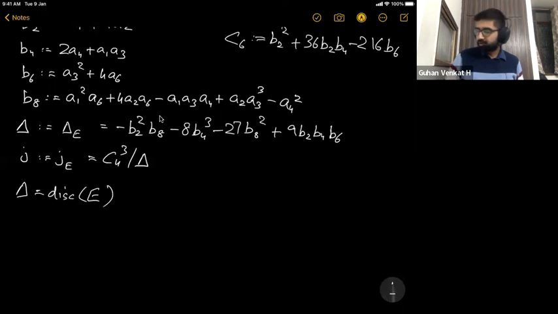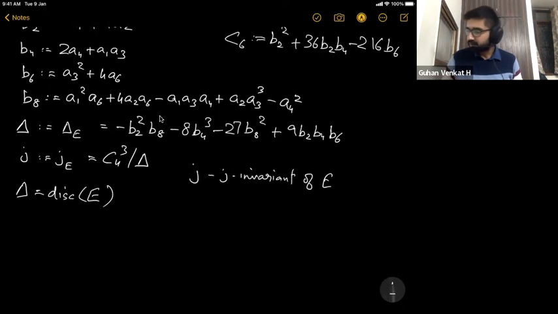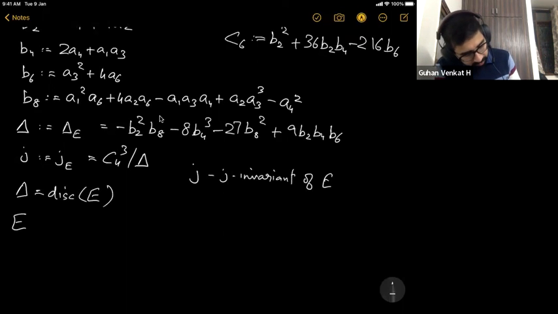So it's called the discriminant of this curve E, and j is called the j invariant of E. I'll briefly explain what the invariance associated to this quantity is. An important thing to note is that E is a non-singular curve if and only if delta is non-zero.